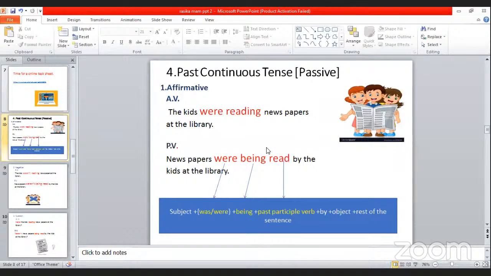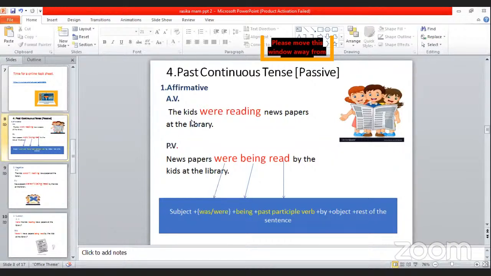Then what is the past participle verb of the given read? What's the past participle verb of read? Read, read, read. The spelling is the same, but the pronunciation is different. Even though the spelling looks like this, we can't pronounce it as read. It should be read, both the past participle and the past tense. Then there's a doer, so we have to get the by phrase: by the kids.